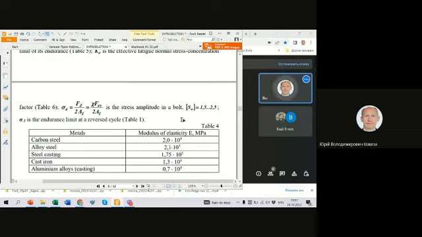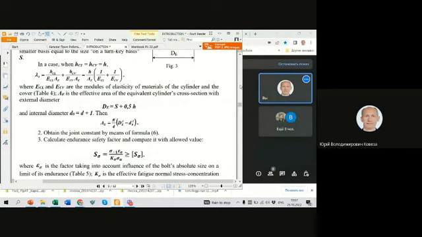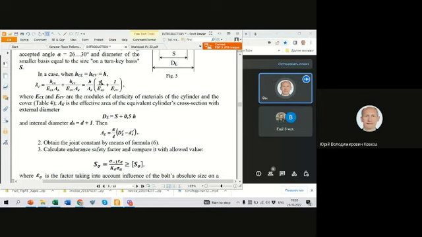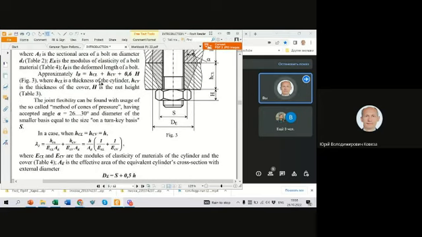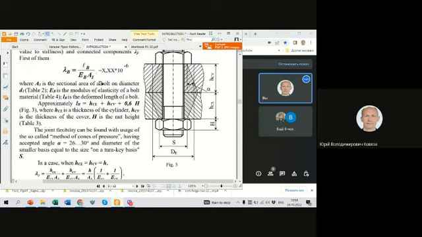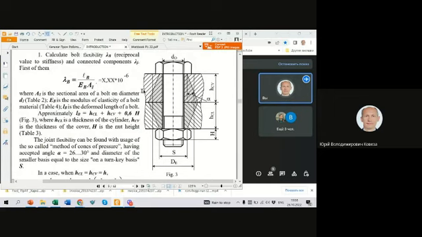And then AE, its equivalent area. I told you in the lecture that material inside the so-called pressure cones is deformed.